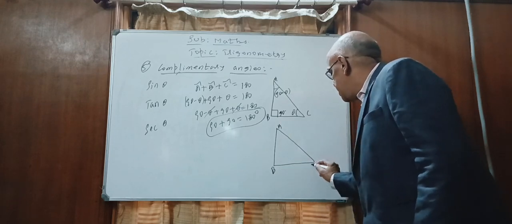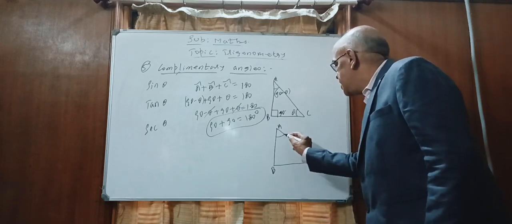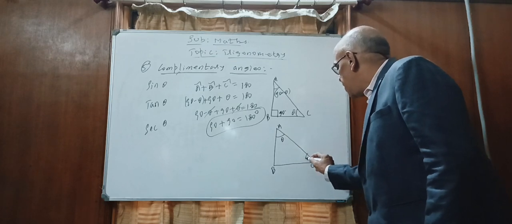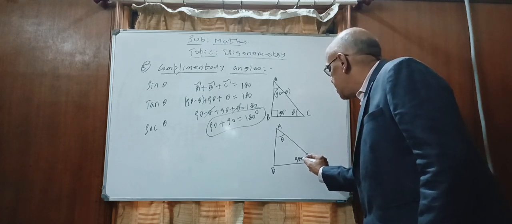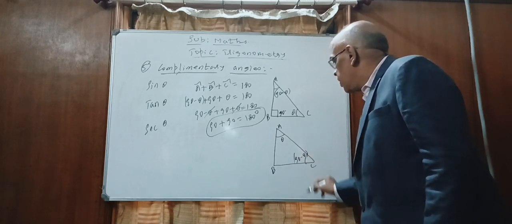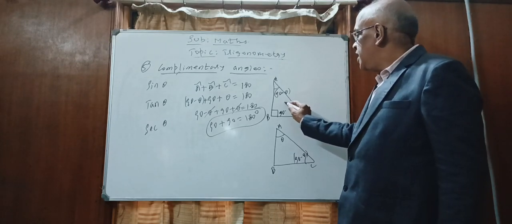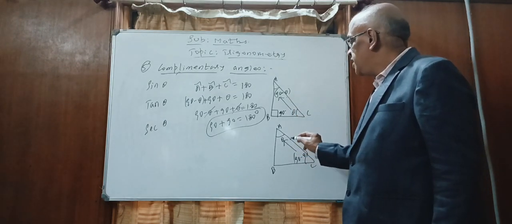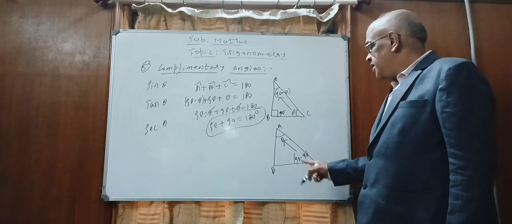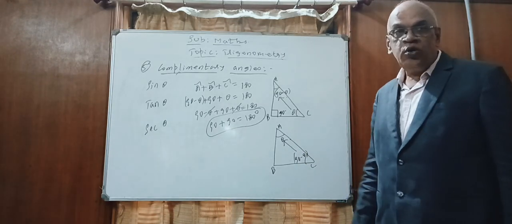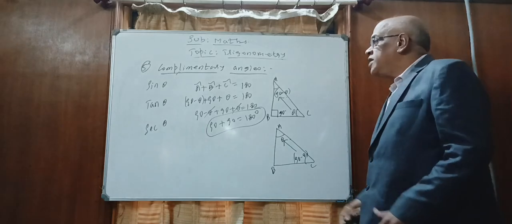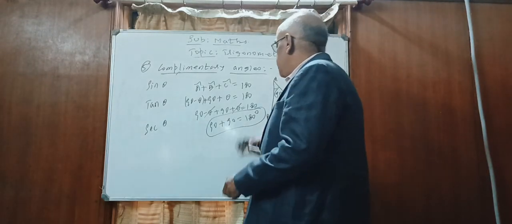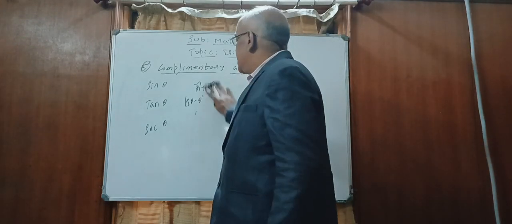A, B, C. If you take A as theta, what would be the value of C? 90 minus theta. So what is the complement of theta? 90 minus theta. What is the complement of 90 minus theta? Theta. What does it mean? Theta and 90 minus theta are complementary to each other, because complementary angles are two angles which add up to 90 degrees.